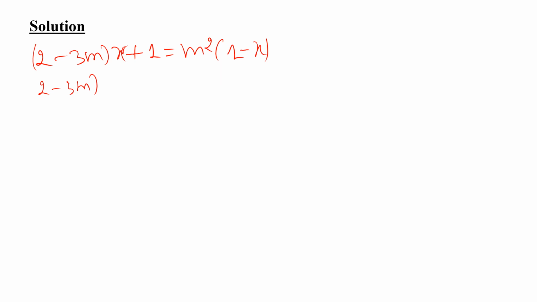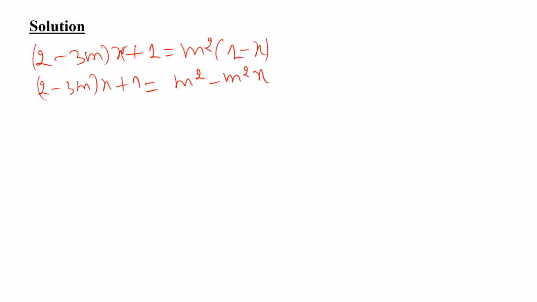Our equation is (2 minus 3m) times x plus 1 equals m squared times (1 minus x). So here we have (2 minus 3m) times x plus 1, which is equal to m squared minus m squared x.